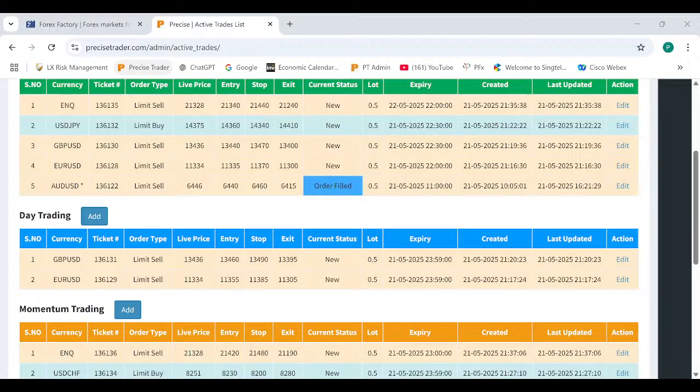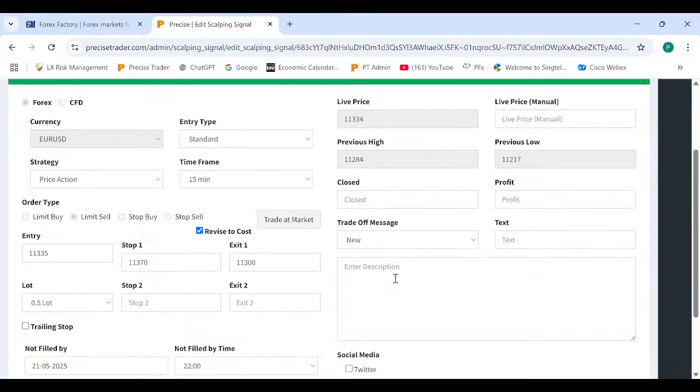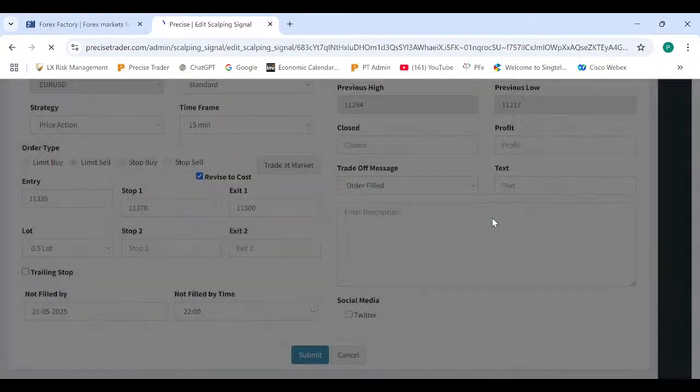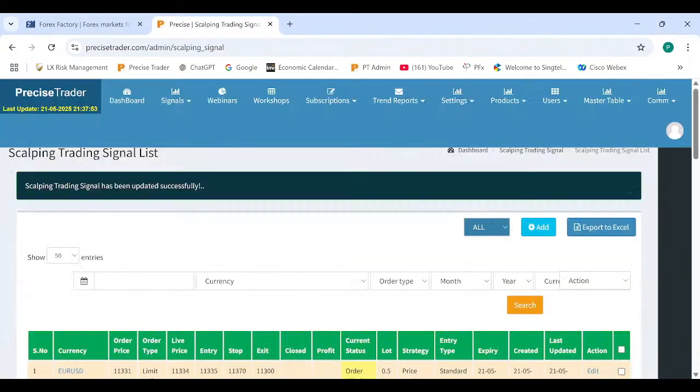The gold, we are already into the gold trade. The euro trade is also filled. Euro, the 35 is filled. Okay, I got filled. So I think this is also filled.